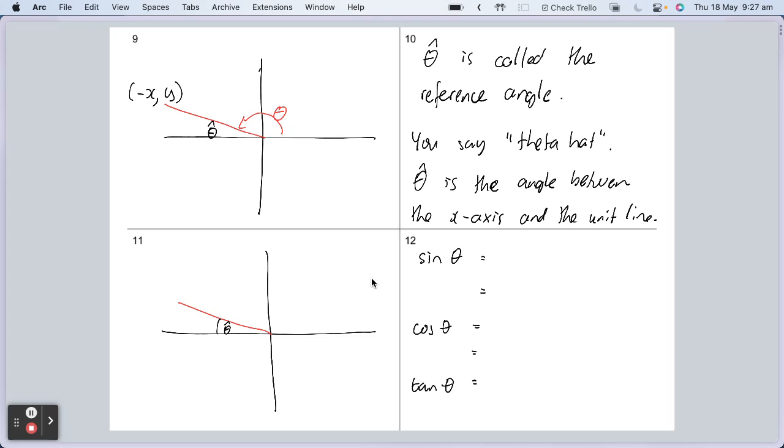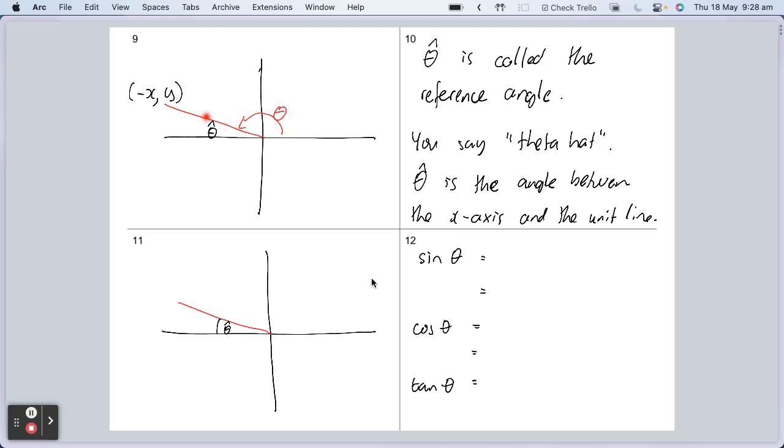The way we piece this together is that if theta goes from 0 to here, then what we're left with here is the supplementary angle, theta hat. It's the angle I get when I subtract theta away from 180.